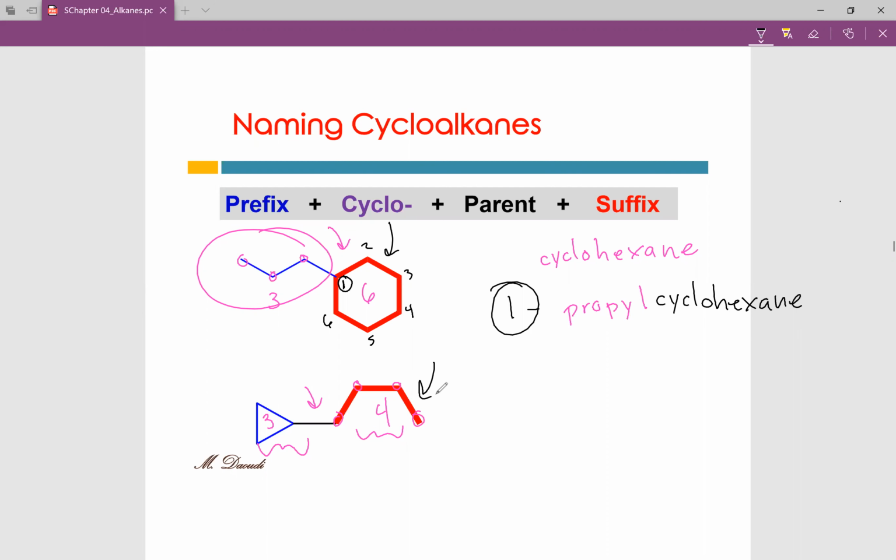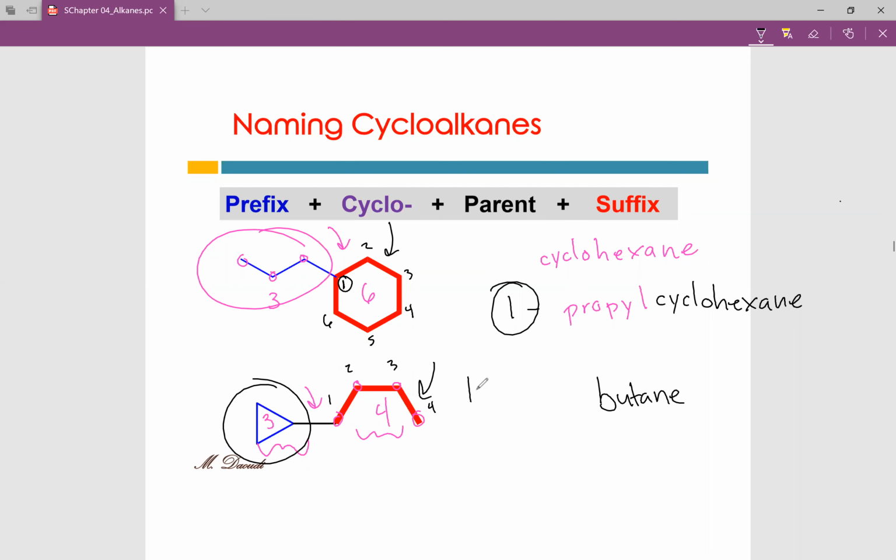So we can see here, our parent chain is made up of 4 carbons. So that means our parent chain is going to be butane. And if we number it, 1, 2, 3, 4, we have a cyclopropane, or a cyclopropyl rather, because it's a substituent, on 1.